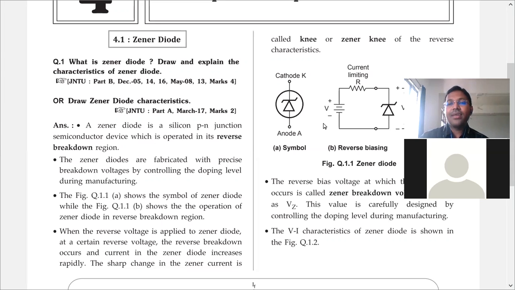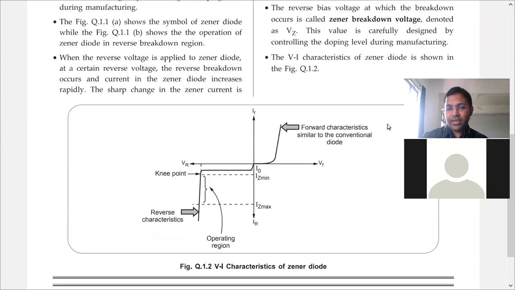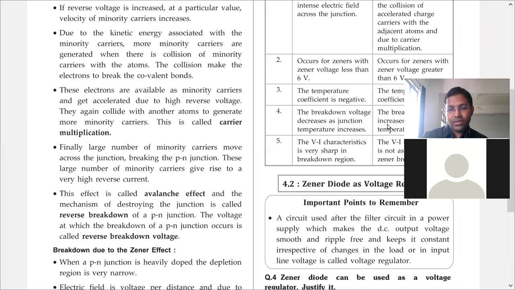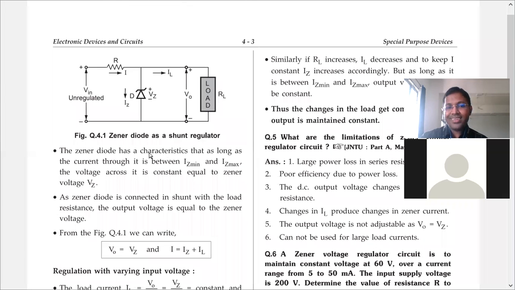Clear? That is the voltage regulator circuit. So the resistor, the Zener diode, and additionally a load resistor. This is the circuit for the voltage regulator.